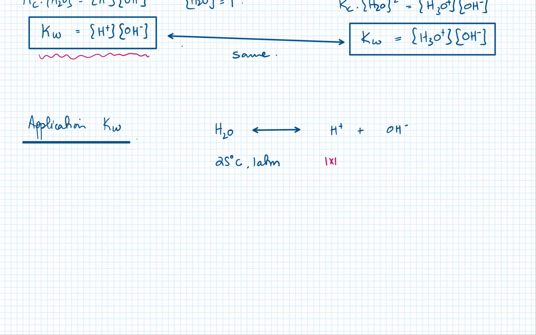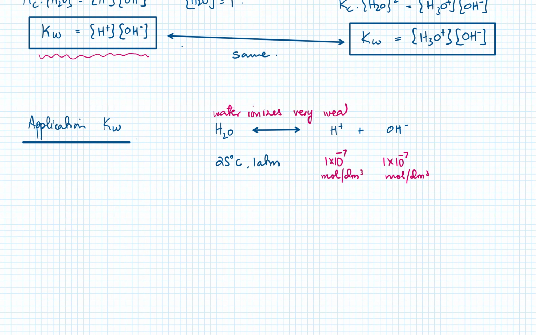The concentration is 1 times 10 power minus 7 mole per decimeter cube, and the concentration of OH minus ions is exactly the same. That means water ionizes extremely weakly. It doesn't really ionize a lot. Is that clear?